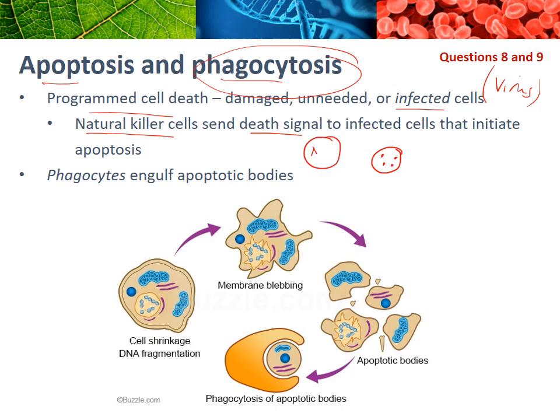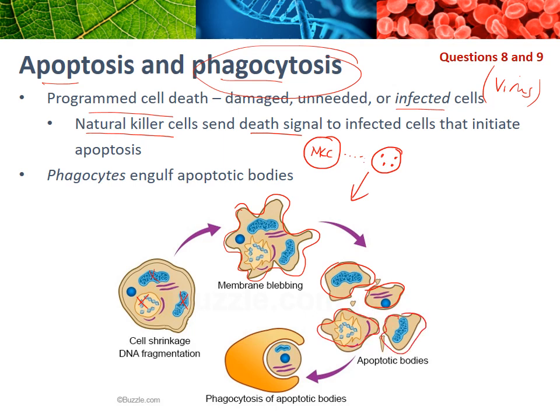A natural killer cell sends a signal to that cell for it to go through apoptosis, which is what is happening here. Now, apoptosis, remember, we get those caspases activated, all the things inside start to break down, the membrane starts to bleb until eventually the membrane breaks off and forms apoptotic bodies.